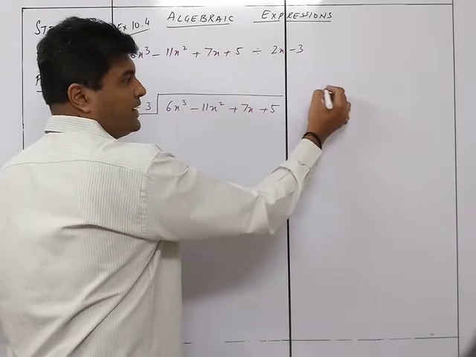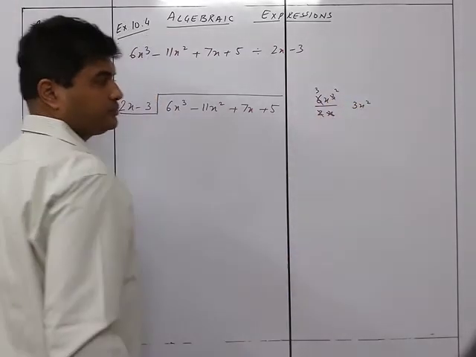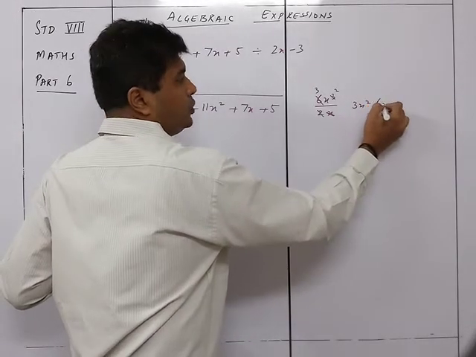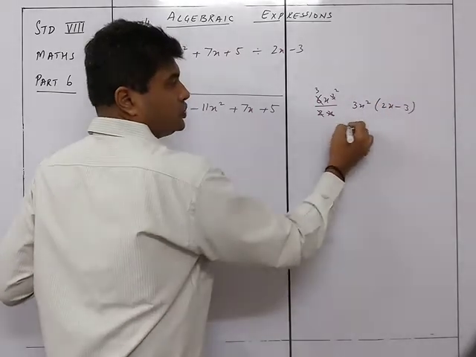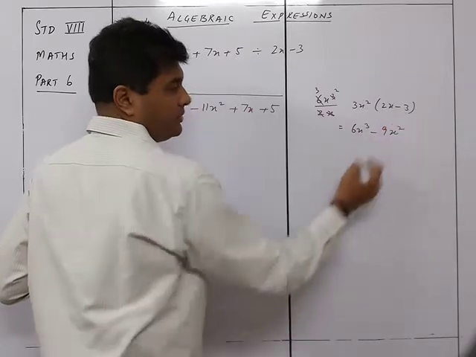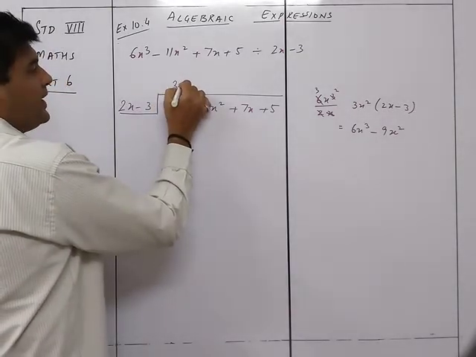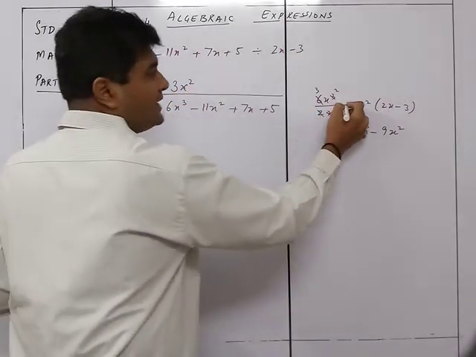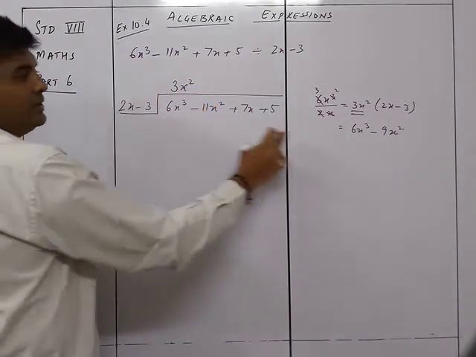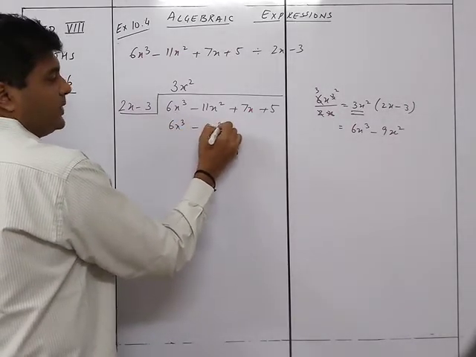Once you cancel this, what do you get? You get 3x square. Now you multiply 3x square with 2x minus 3, so you get 6x cube minus 9x square. 3x square you write over here, and this product, 6x cube minus 9x square, you write over here.